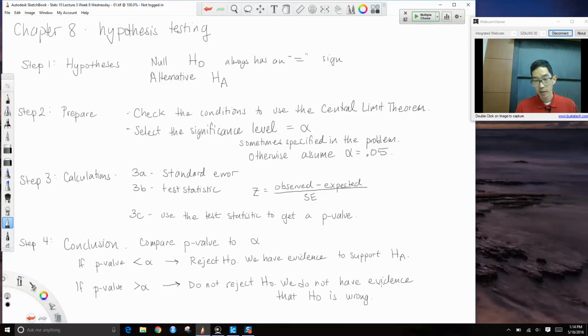It doesn't mean that the null hypothesis is true, it's just we don't have evidence that it's wrong. So this is hypothesis testing broken down into our steps.